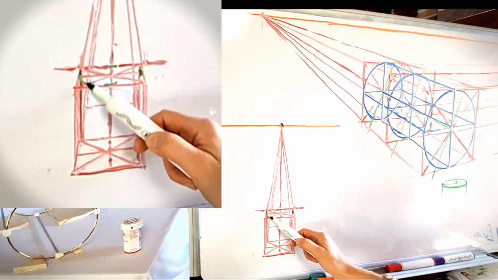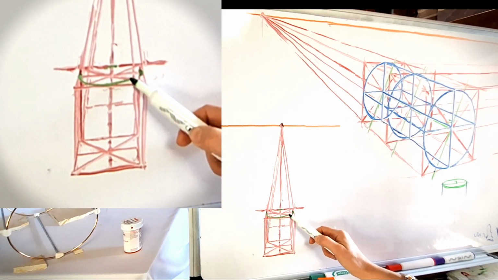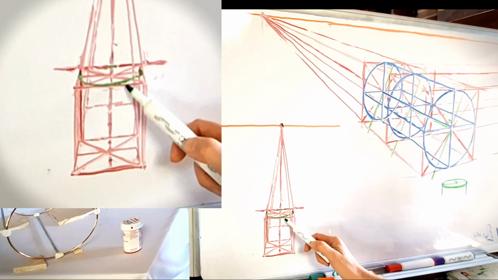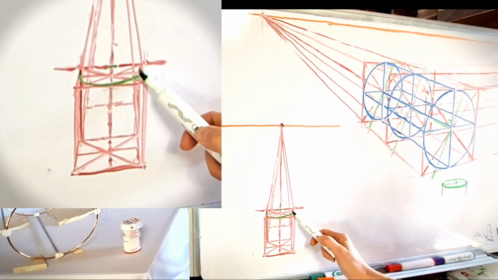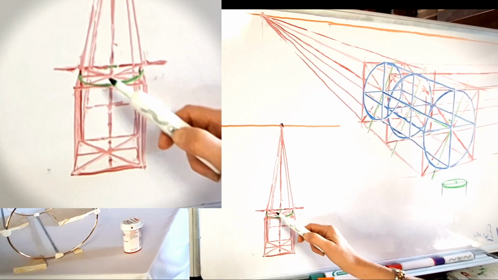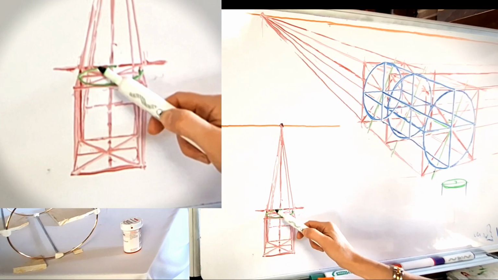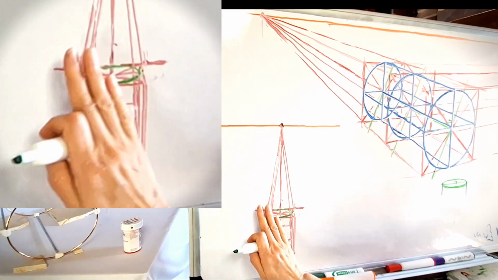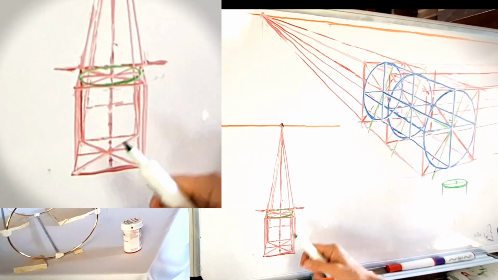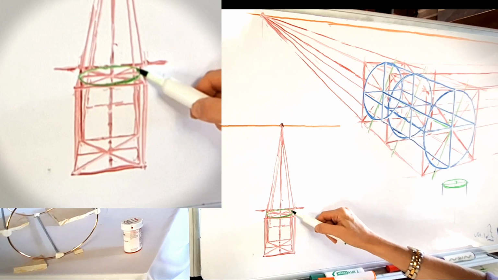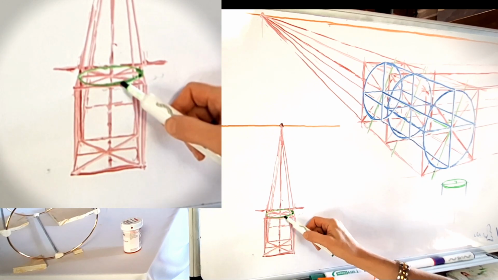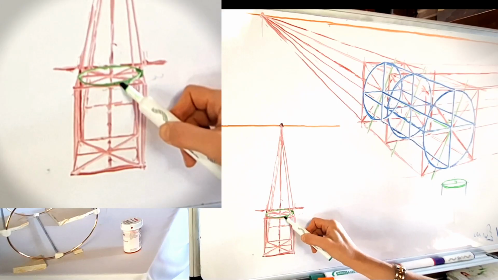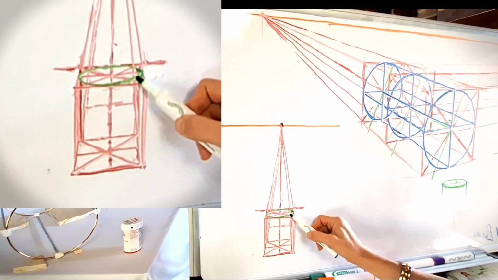And now we need to connect it with a nice elliptical following line that is symmetrical over the main axis, rotational axis, and our main center, major center for the cylinder.